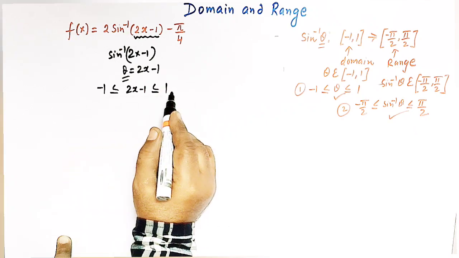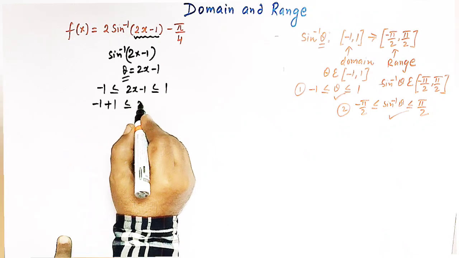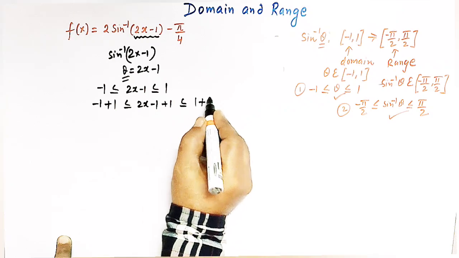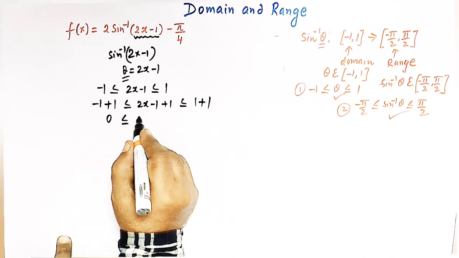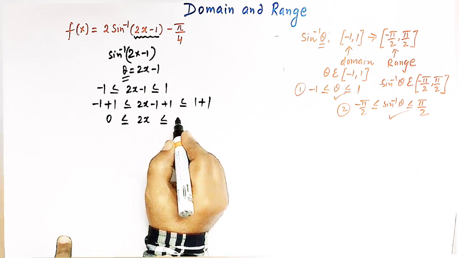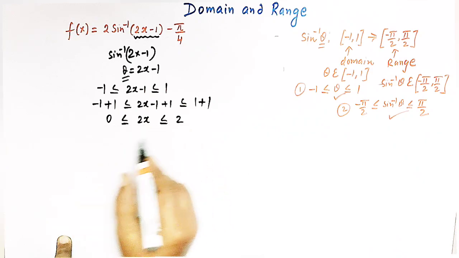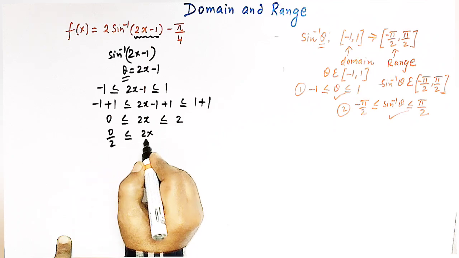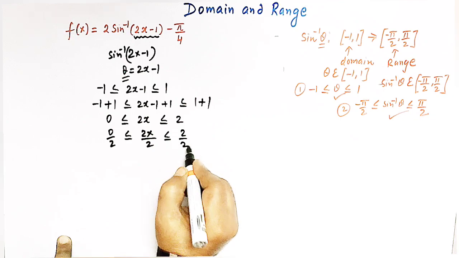So now adding 1 throughout, we have 1 plus 1, and then we have 2x minus 1 plus 1, and here we have 1 plus 1. So here we have 0, and here we have 2x, and here we have 2, right? Now dividing throughout by 2, here we have 0 over 2, here we have 2x over 2, and here we have 2 over 2.